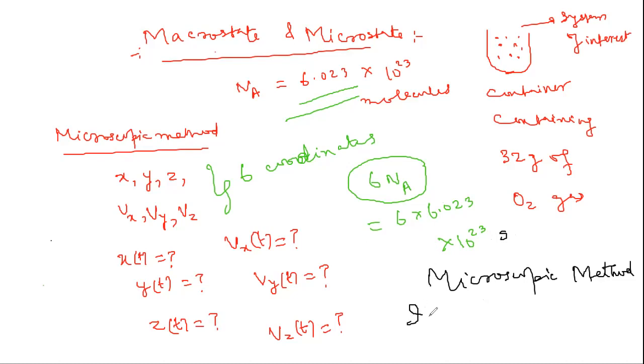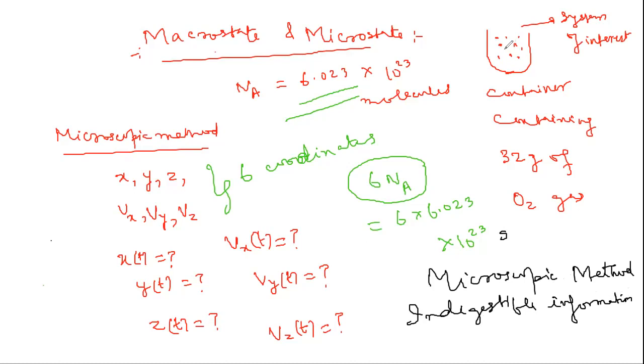So I will say that it is indigestible information. It is too much information to handle. In this class, remember, we are ignoring the vibrations of the molecules, and we are ignoring their rotations.